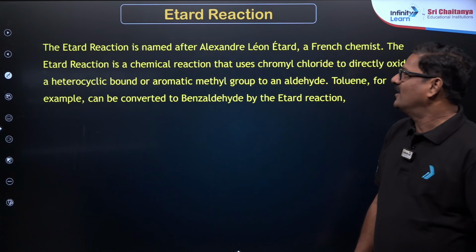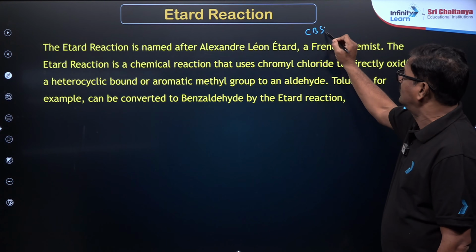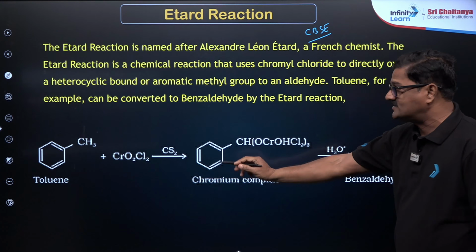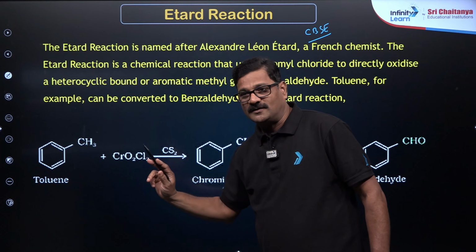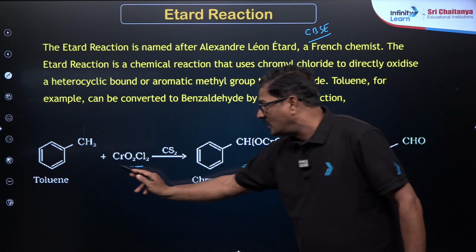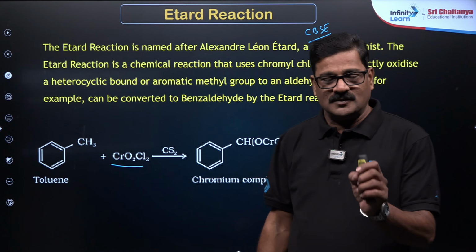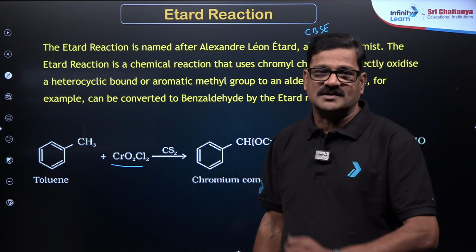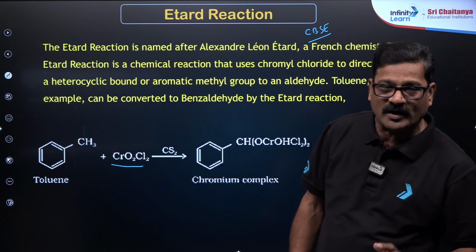Okay, now Etard reaction. This is there in the CBSE textbook, and it is very important. Methyl benzene is called toluene. It is treated with chromyl chloride. Where does chromyl chloride come from? Sodium chloride is treated with concentrated H2SO4, giving rise to red color vapors of chromyl chloride.